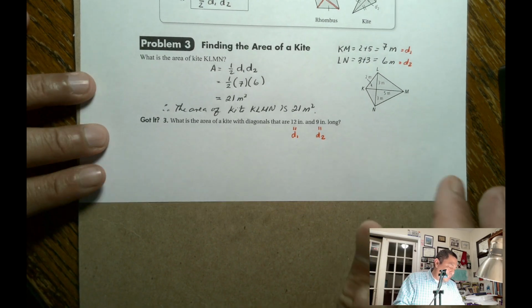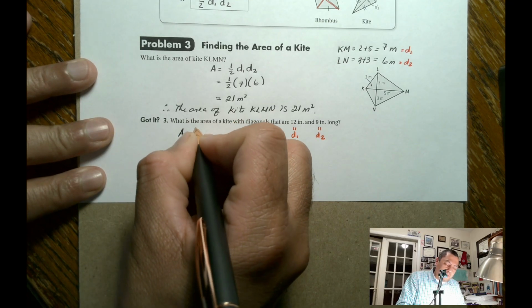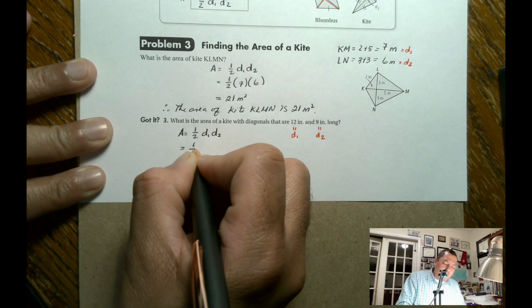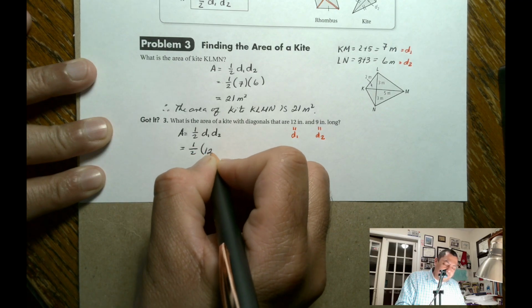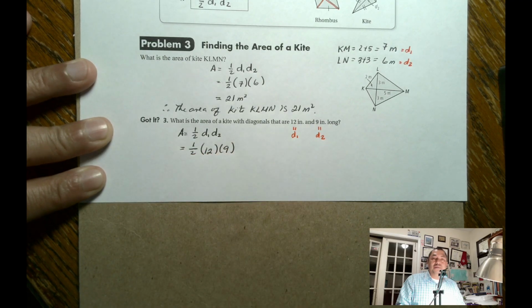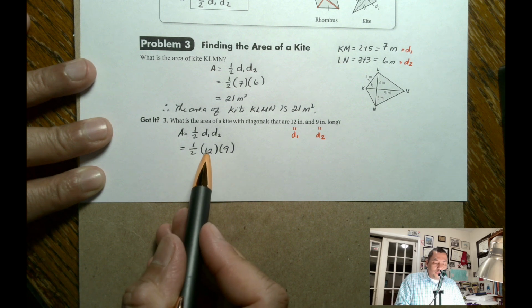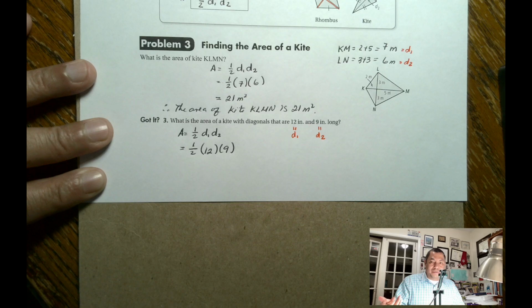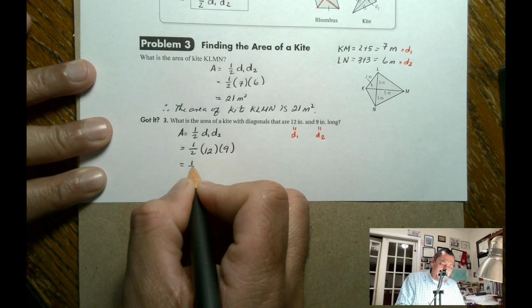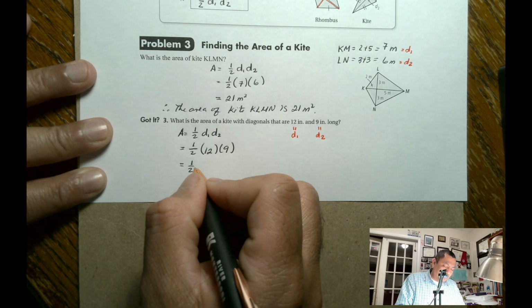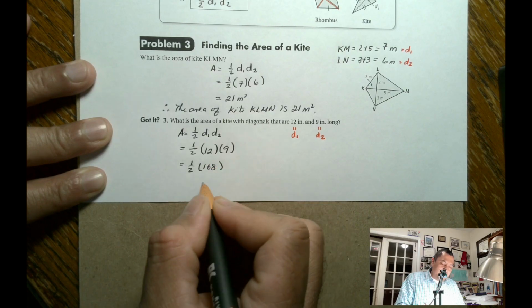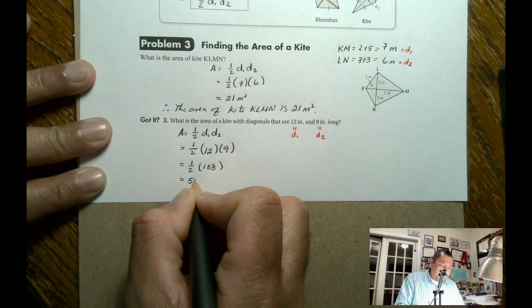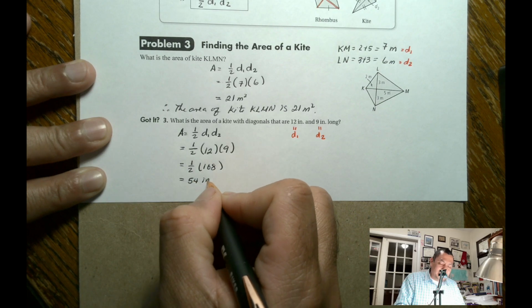And my formula in this case is area is equal to 1/2 diagonal 1 times diagonal 2, which is equal to 1/2 times 12 times 9. If you want, you can do 12 divided by 2 is 6, and then 6 times 9 is 54, or you can just do 12 times 9 is 108, and then you divide by 2, which is equal to 54, and the units are inches squared.